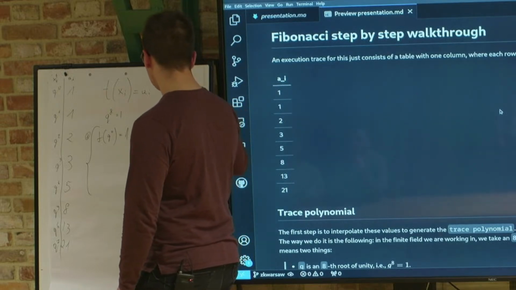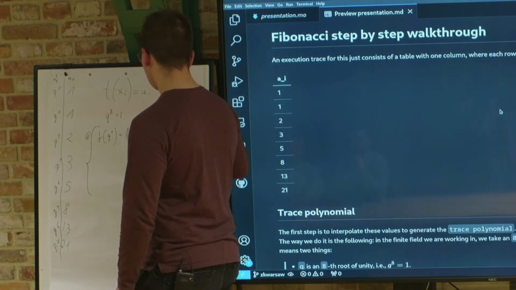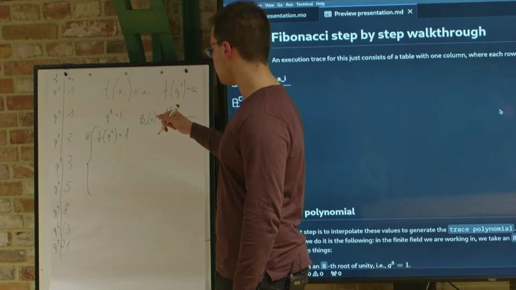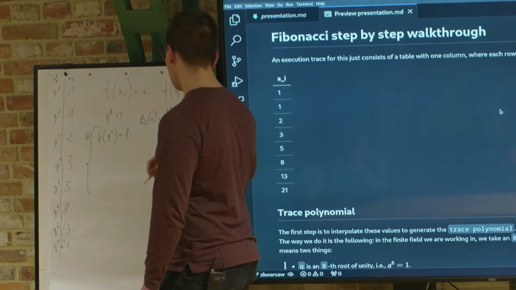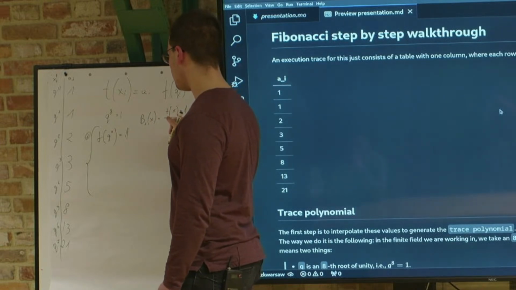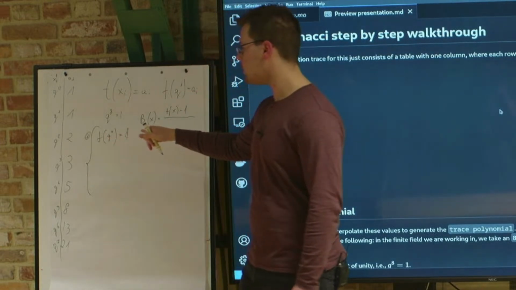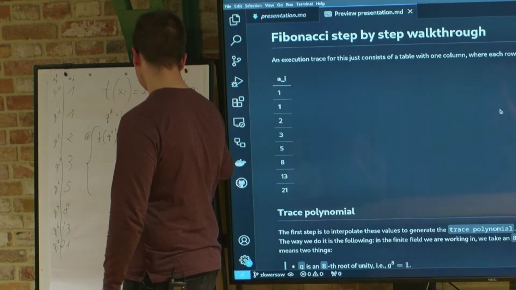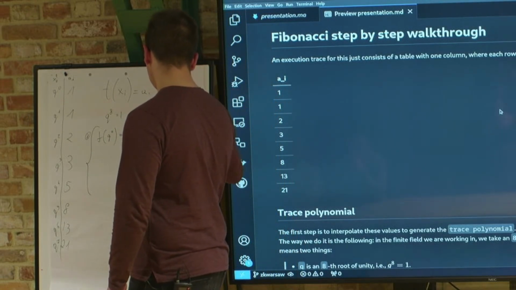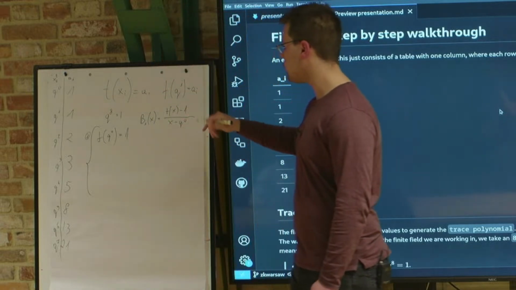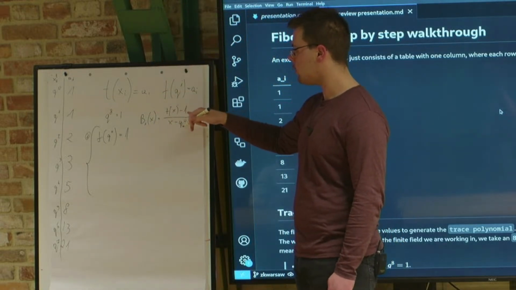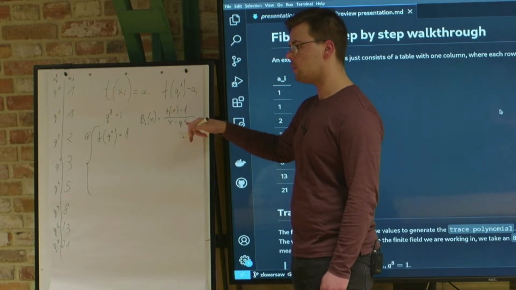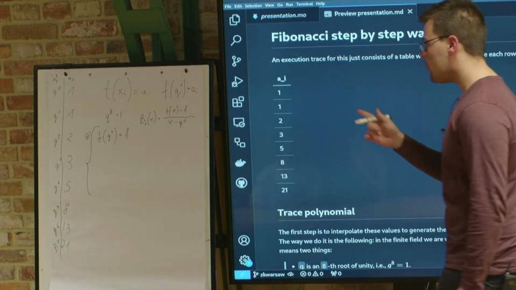So we say that t of x needs to equal 1, and this property needs to hold in the place x equal g0. So we say that t of x needs to equal 1, but when x is equal to g0.